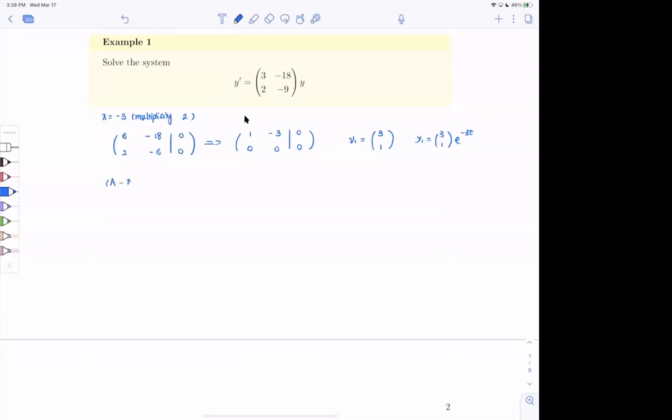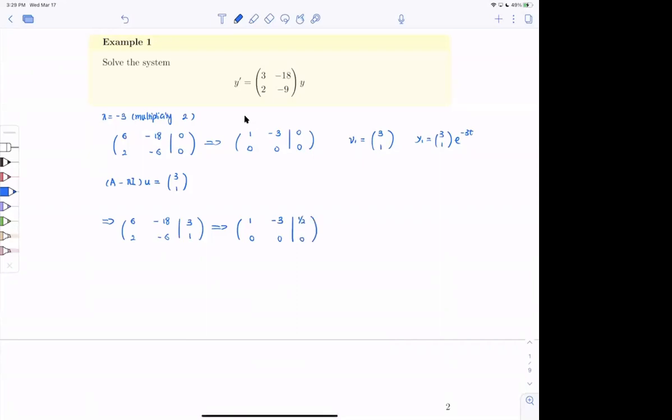A minus lambda I, u equals (3, 1). So that matrix is going to be this, except we change 0, 0 to 3, 1. So this will give us 1, -3, 0, 0. And here is 1 over 2 and 0.